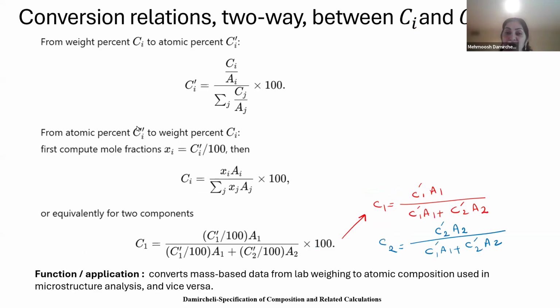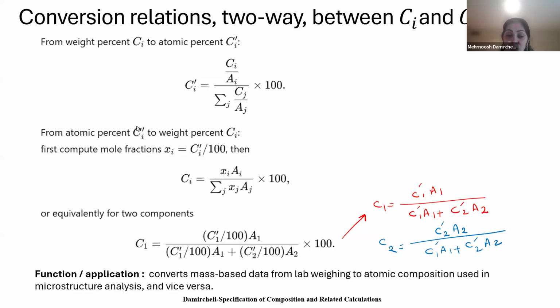Sometimes, for example, we have weight percent and want to find the atomic percent. So conversion relations allow us to switch between weight percent, or Ci's, and atomic percent, or C prime i's. These equations are essential for linking mass-based and atomic-based compositions in alloys.